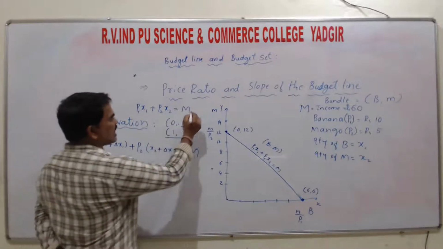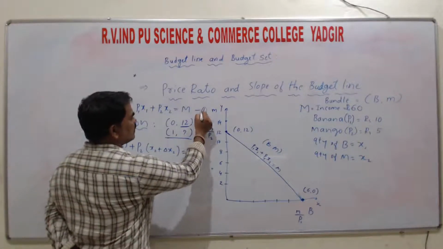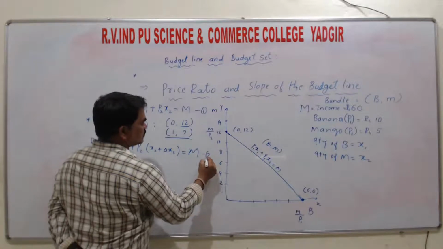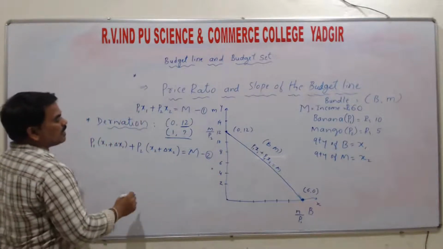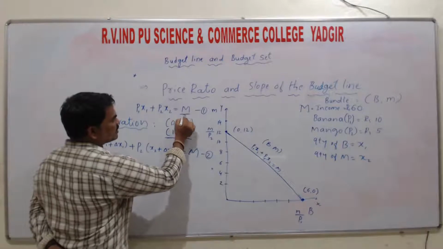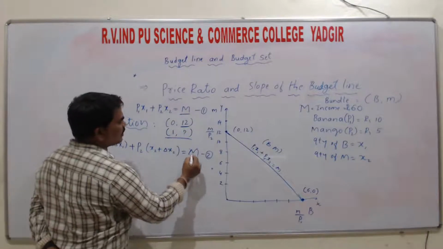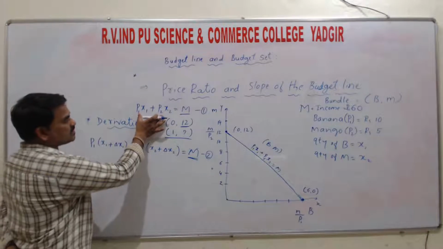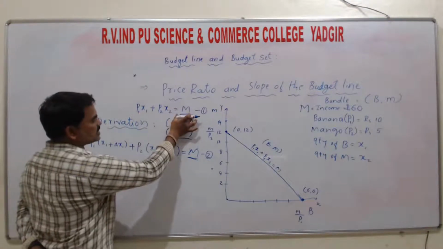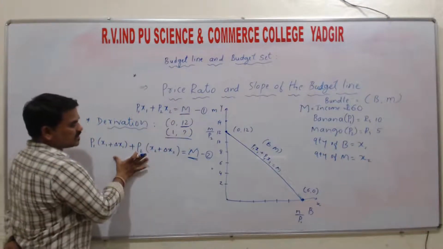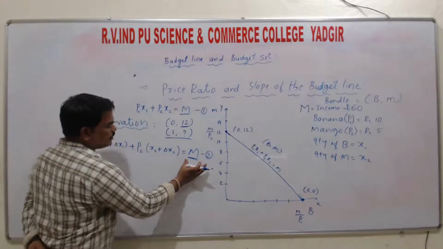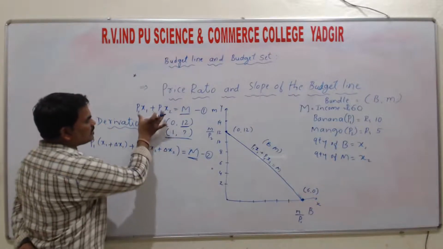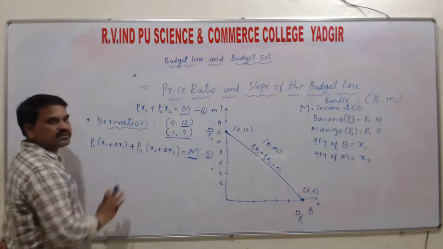Now we know this, I will call this 1 and this 2. Right? Now this is the income of the consumer, and this is also the income of the consumer, both are the same. Right? It means that when this is equal to m and this equation is equal to m, this is also equal to this.